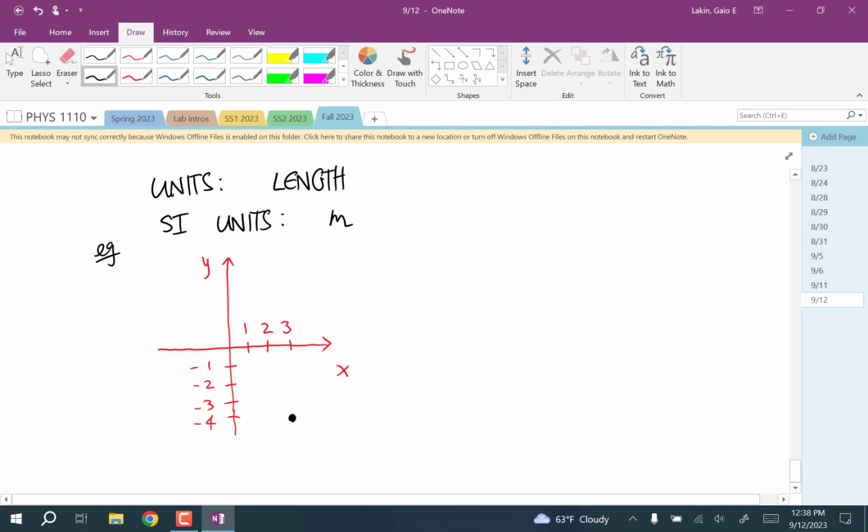The position vector would be this. Remember, a vector is always just a magnitude and a direction. But since we represent vectors with components, that position vector would just be the coordinates of that point, which would be +3, -4, and the units are meters. Okay?